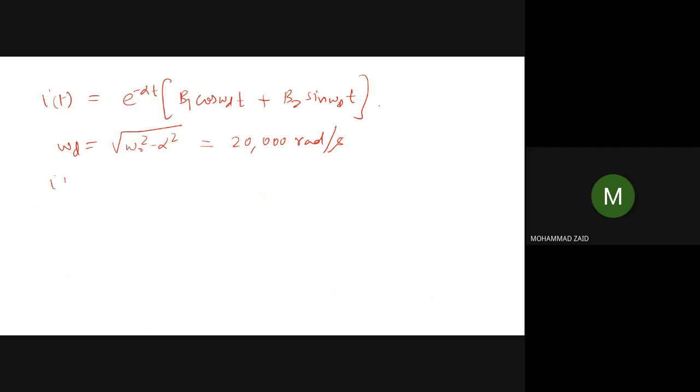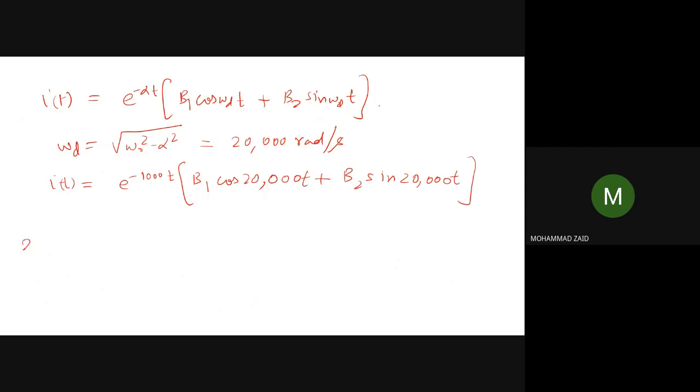We can write down the solution as i(t) is equal to e to the power minus 1000 t, B1 cos of 20,000 t plus B2 sine of 20,000 t. Okay, so this much we can write.